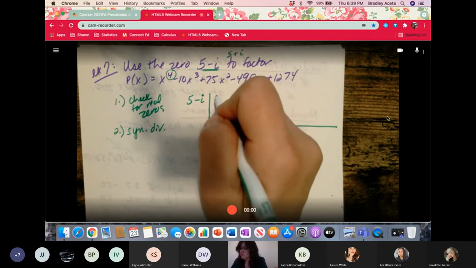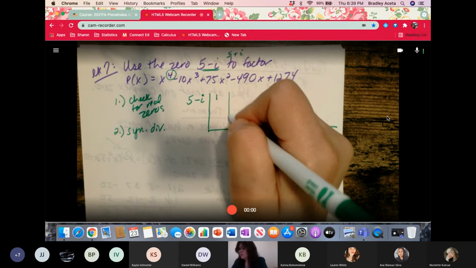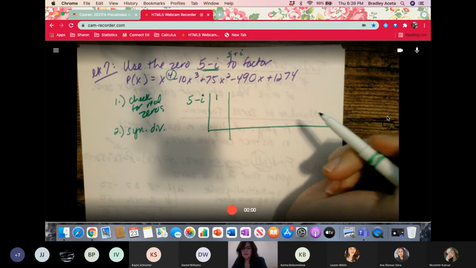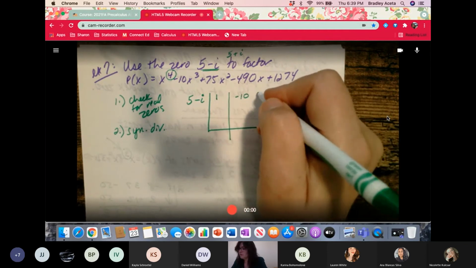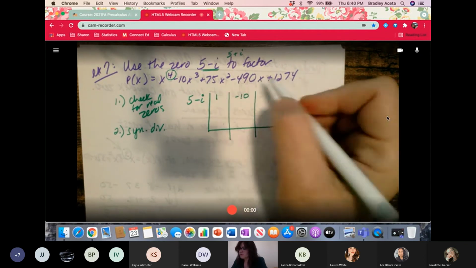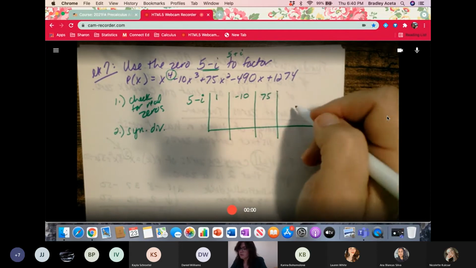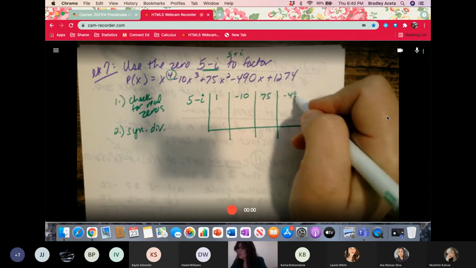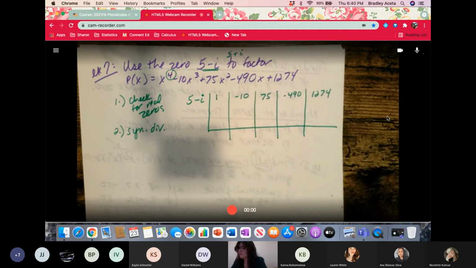And obviously your 1 coefficient is going to go here. I'm going to make some long boxes. You'll see why in a minute. -10 will go here, 75, thankfully it's all in order, -490, and then positive 1274.